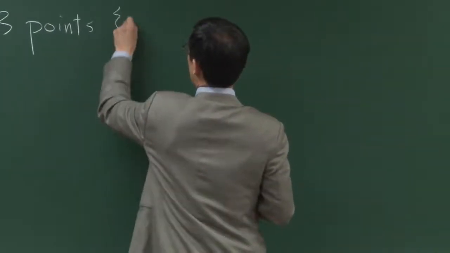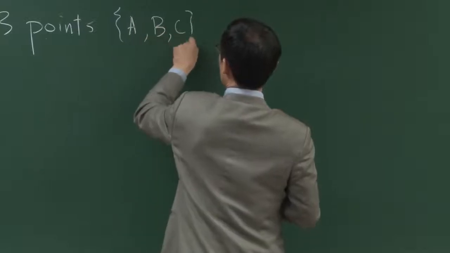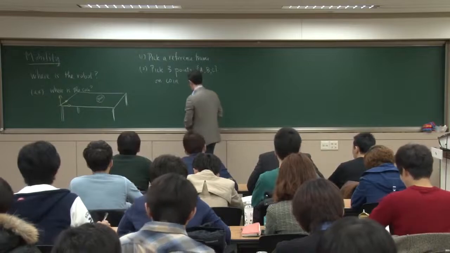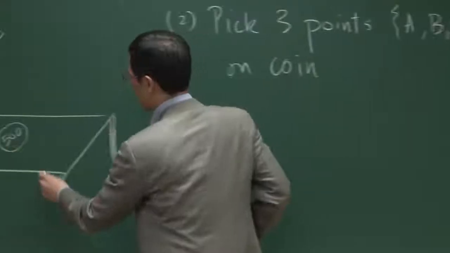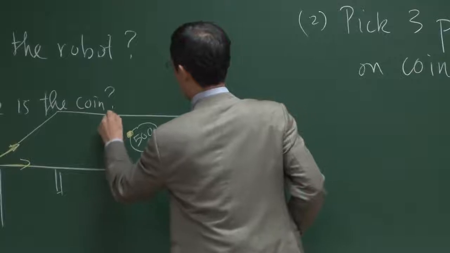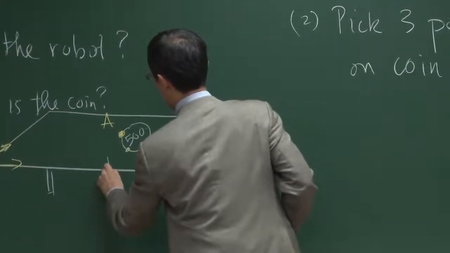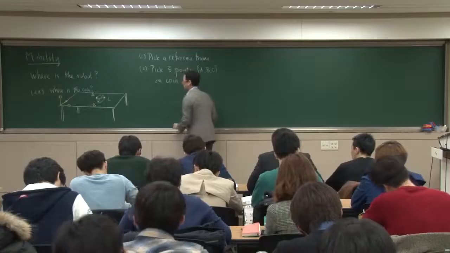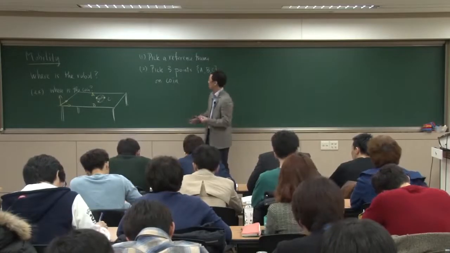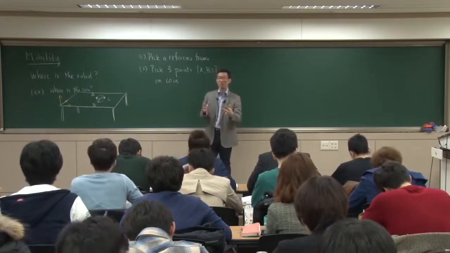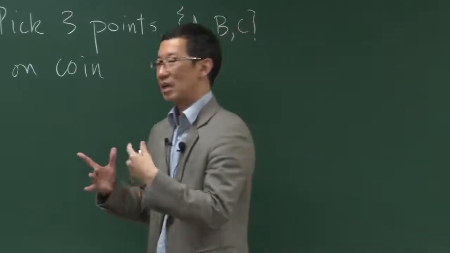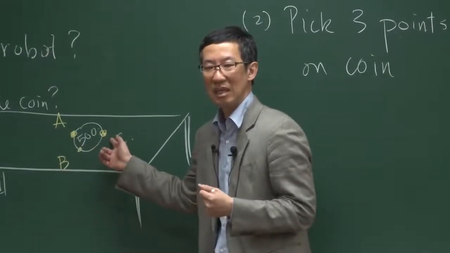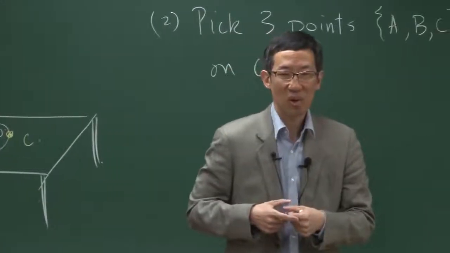Let's call these 3 points A, B, C on the coin. So here are my points. Here's A, here's B, and here's C. Now if I can describe the location of points A, B, and C, then I know the location of the coin.